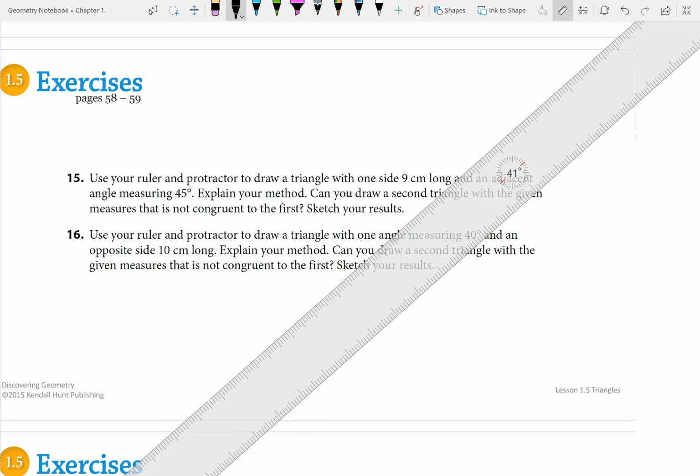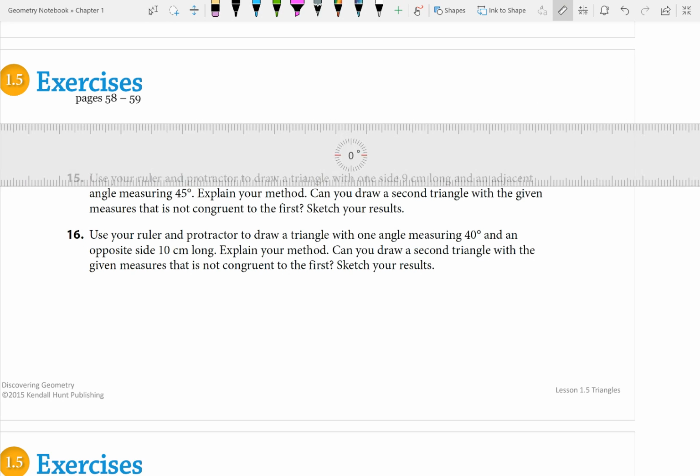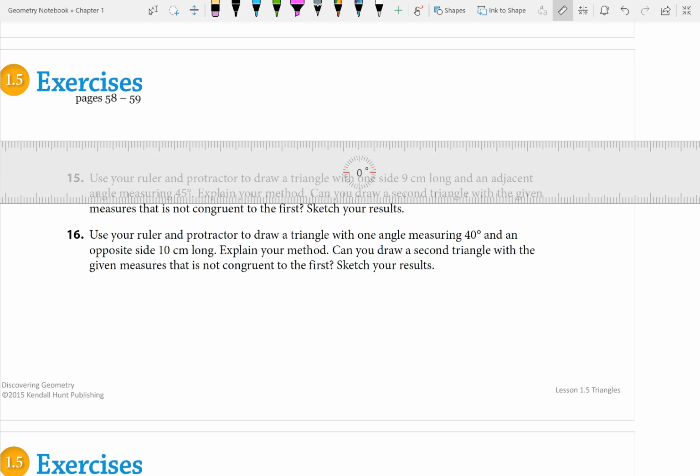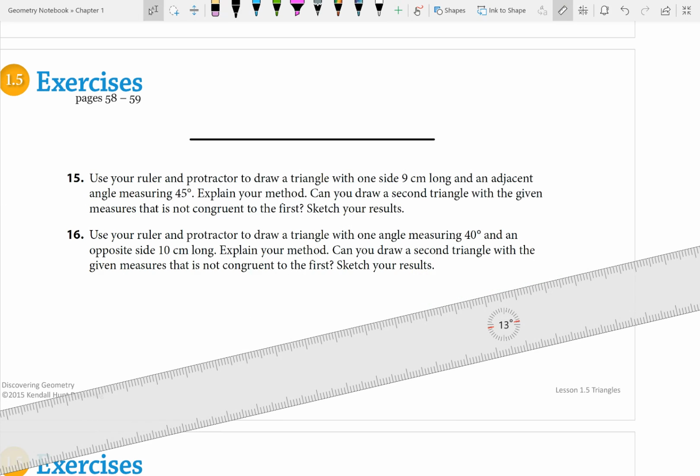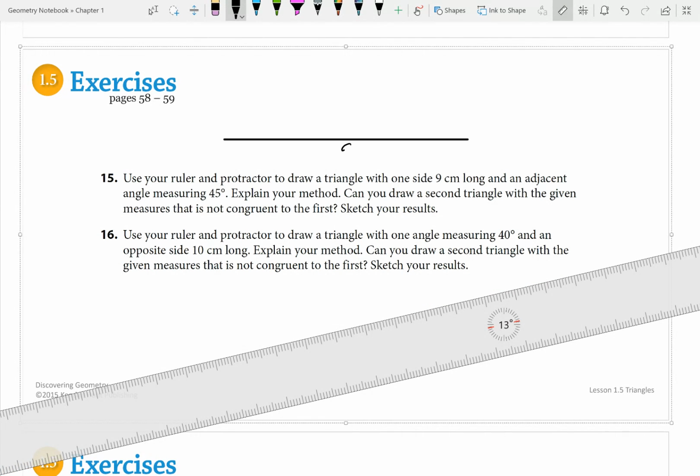Let's see if this has markings. Okay. Well, go ahead. I'm going to mark this 1, 2, 3, 4, 5, 6, 7, 8, 9. So that'll be 9 centimeters.